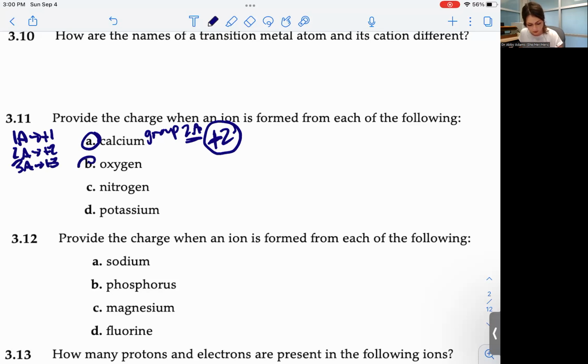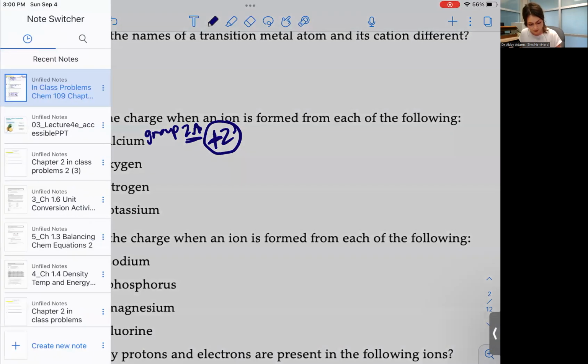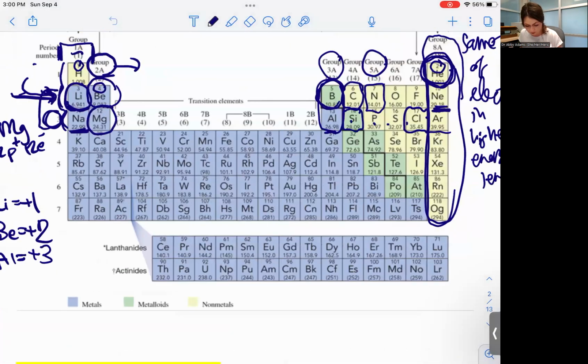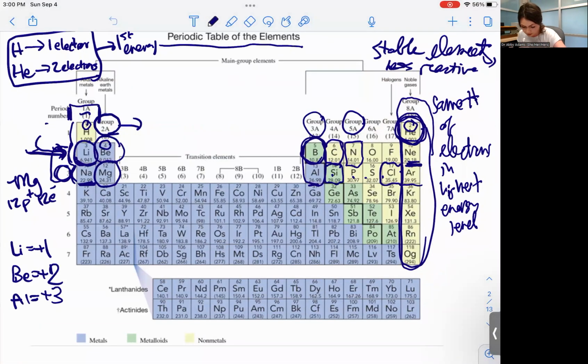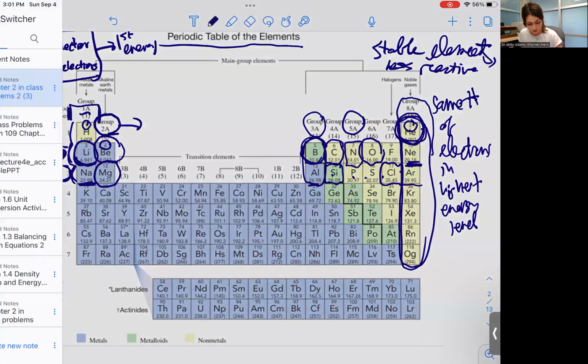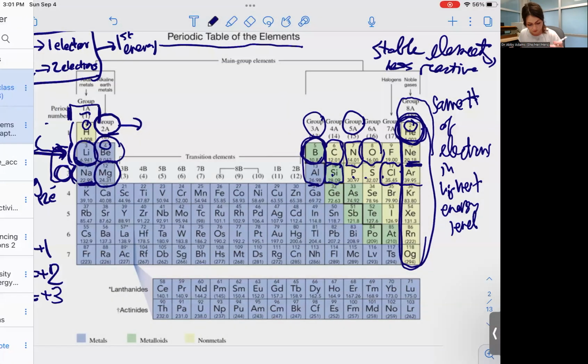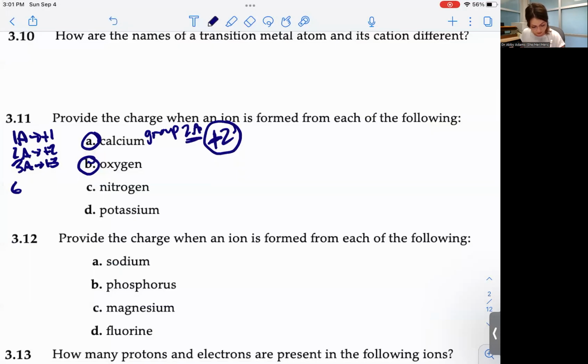All right, so let's look at oxygen. Let's see what oxygen is on the periodic table. Oxygen is group 6A, so it can either lose several or it can gain a few. 6A is different. So what you can do is 6 minus 8, and then you would get a -2.